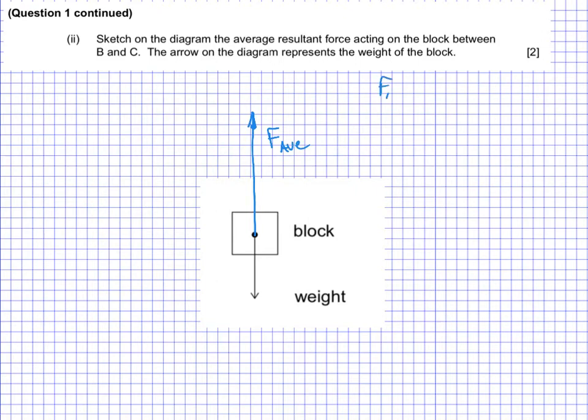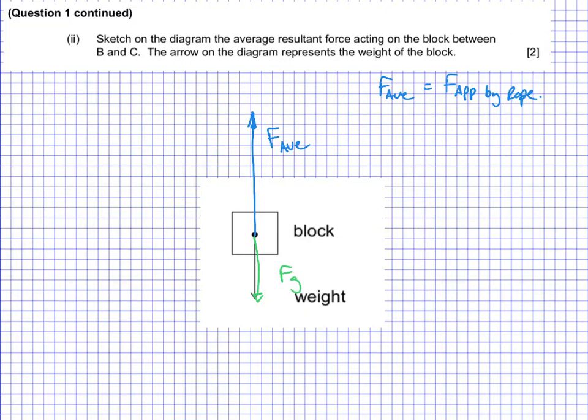This is the force applied by the rope. Okay, so just to be really clear, of course, this arrow down here, oops, that's not very straight, but you get the picture. That's my Fg, the force of gravity.